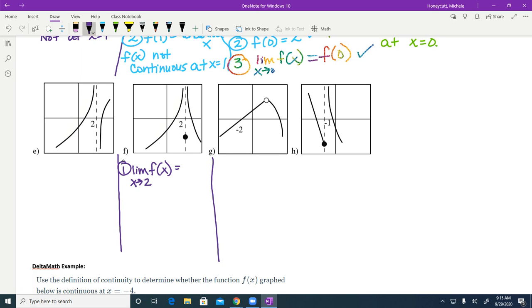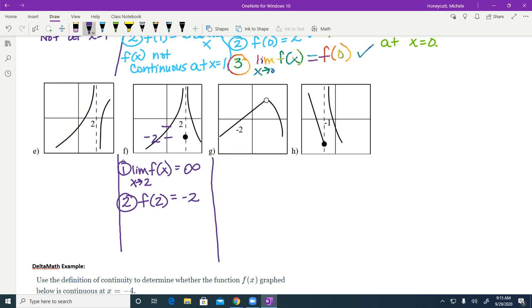Okay, well, as x approaches 2, from the left side, the y values approach infinity. From the right side, the y values also approach infinity, so we would say infinity. The second condition, what is f of 2? No, there's no y values on here, so I'm going to say that's negative 2. So when x is 2, the y value is negative 2.